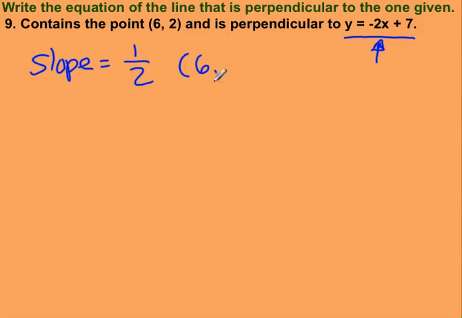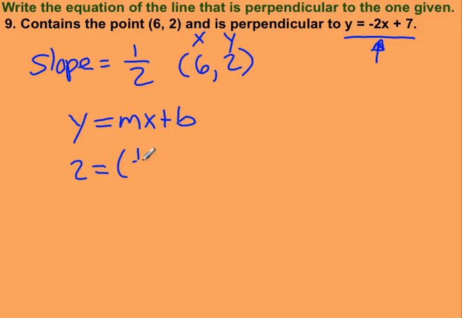And they gave us the point (6, 2). This is an x and a y. We need to find the equation of the line. I'm going to use the second method for doing this. Instead of point slope form, I'm just going to use y equals mx plus b directly. Our y value is 2. Our slope m is 1/2. x is 6. Multiply 1/2 times 6, and you'll end up with 3.